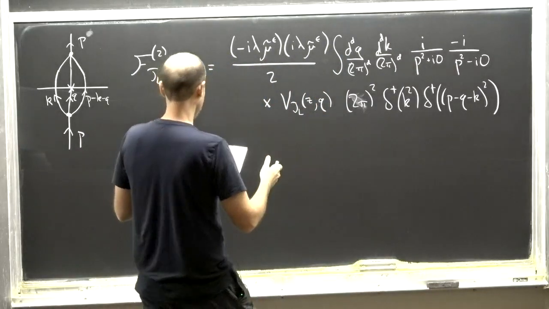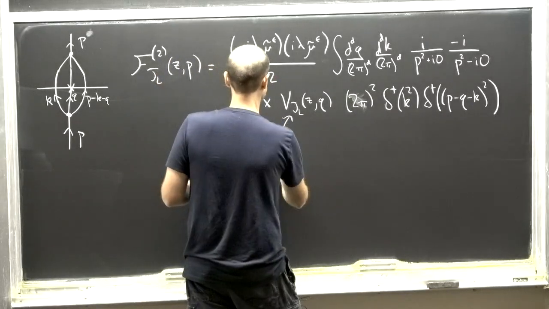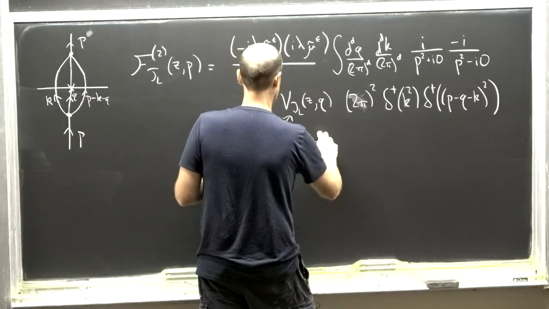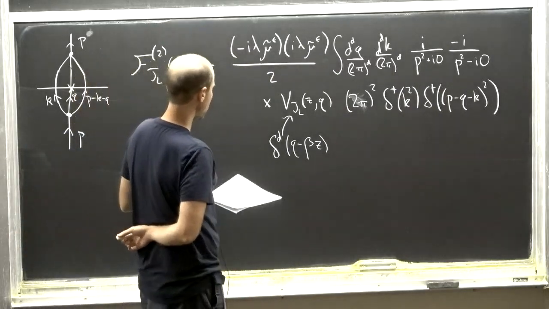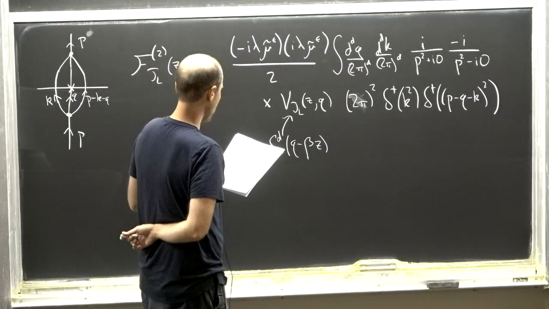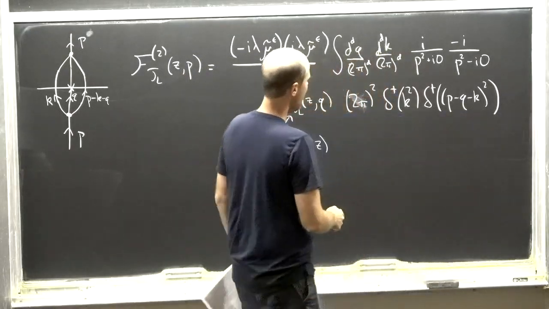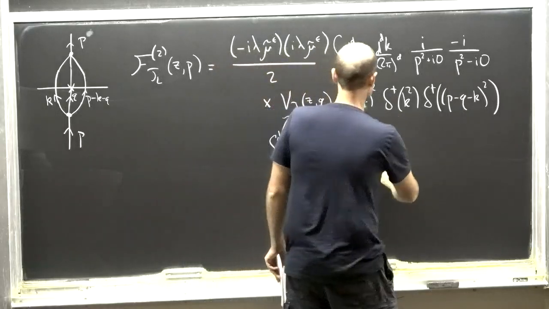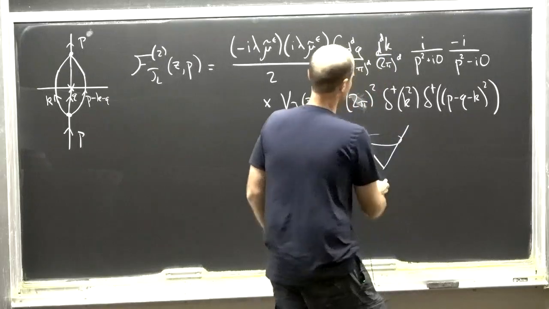So how can we do it? Well, one thing we can do is this vertex has a delta function inside of it, delta of q minus beta z. And so we can use that to solve for q in terms of beta z. And then what these two delta functions do is they restrict k to the intersection of two light cones. The first delta function says that k has to live on this future light cone.